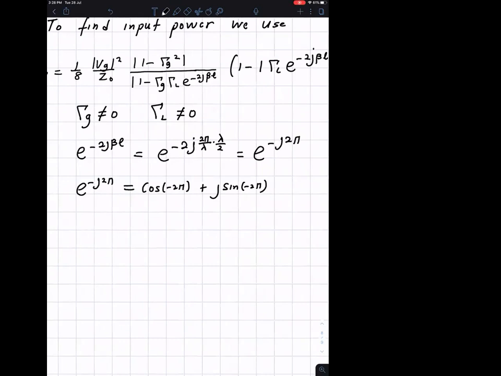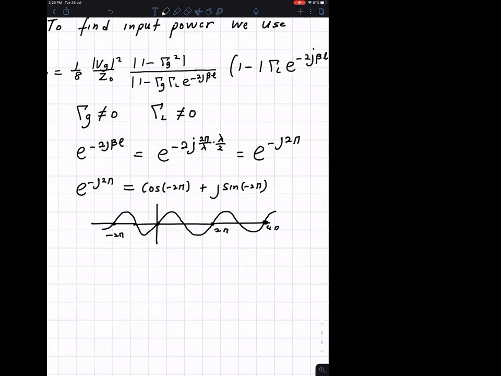Do you remember your sine wave? At integer multiples of 2 pi, the sine wave is always 0, and similarly on the negative side at minus 2 pi.